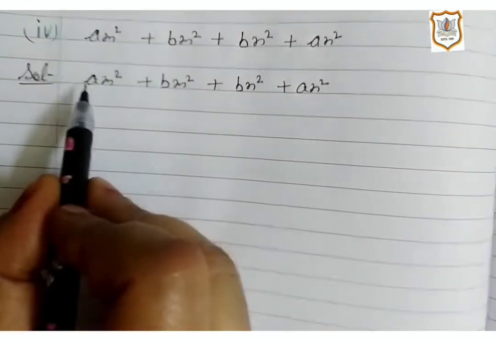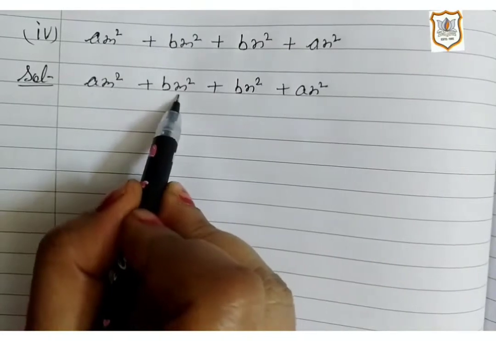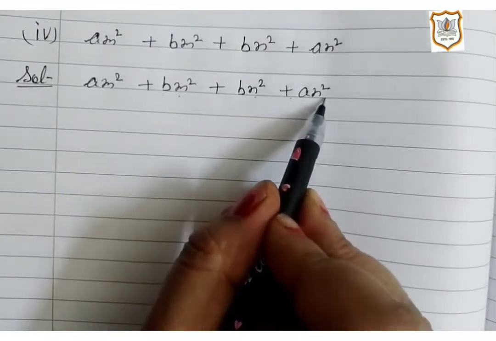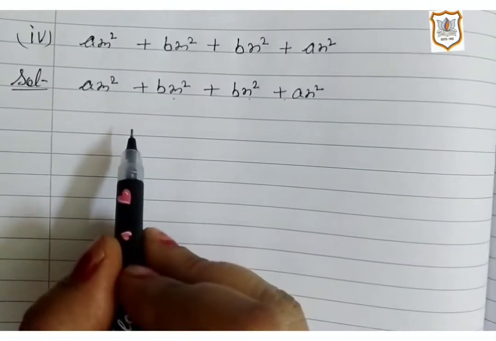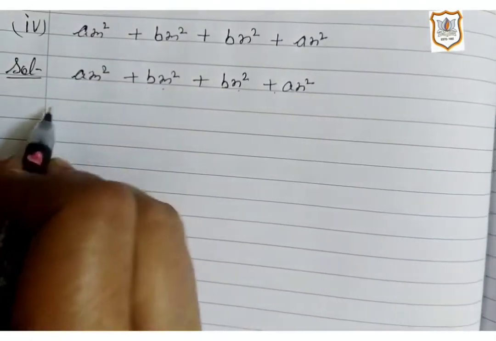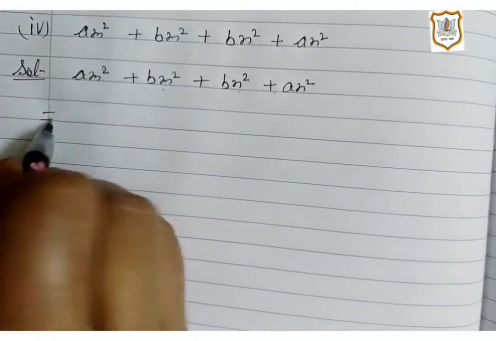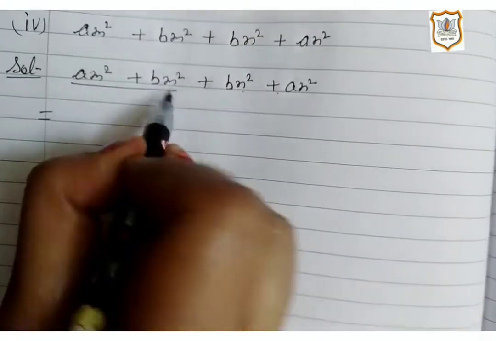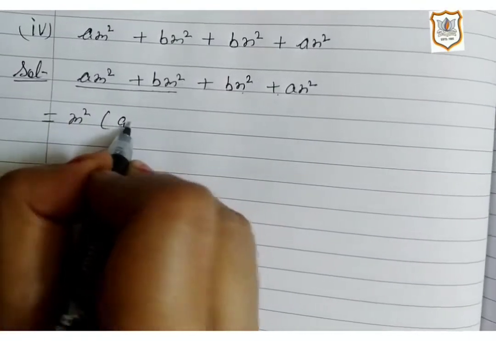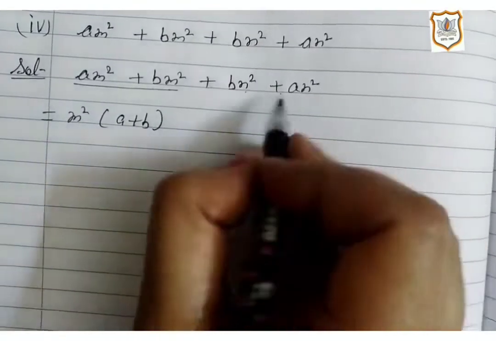Now the fourth part of question number 3, am square plus bm square plus bn square plus an square. Students, here this sum I will solve in two ways. First we will take the pair am square plus bm square. Here the common factor is m square. So m square we will write here, and then a plus b.